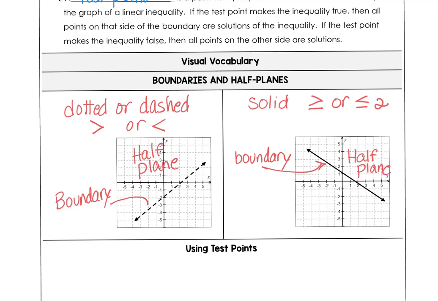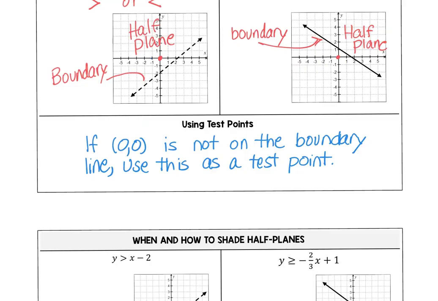Okay? So one thing that you want to know here is if 0, 0 is not on the boundary line, you could use that as a test point. So in either case, you see, I don't have 0, 0 on the boundary. I've just made a note of that here.